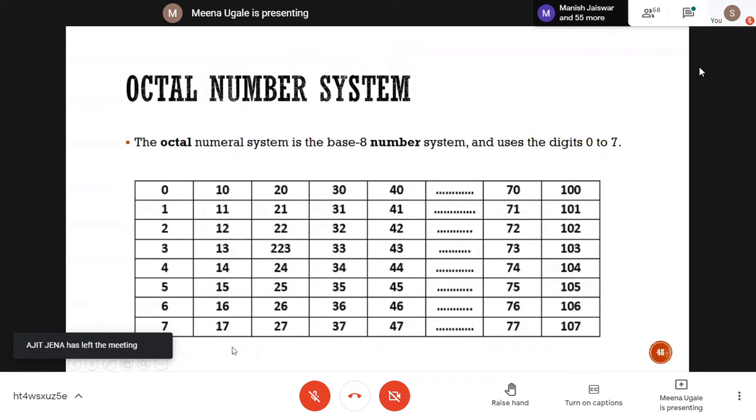Then we will not go for 18, we will start with 20, 21, 22. This is by mistake, it is 23, 24, 25 and onwards, because it is a base 8 system. This is the octal system. So your representation of numbers will be like this. How to represent the numbers, and then how we will come to know the equivalent decimal for this, that we are going to see now.